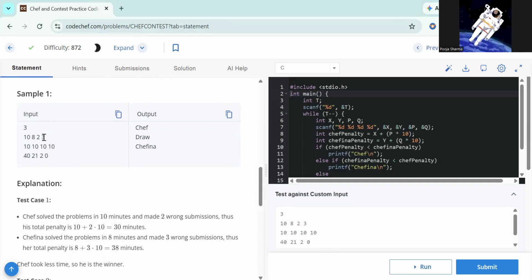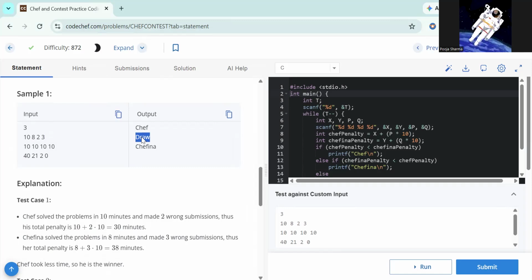They have equalized everything, but there are some penalties according to which they will decide who will be the winner. So whatever conditions you make, you will either print Chef or Chefina. If both are equal, you will print draw. This is the simple sample input, and this is the output.